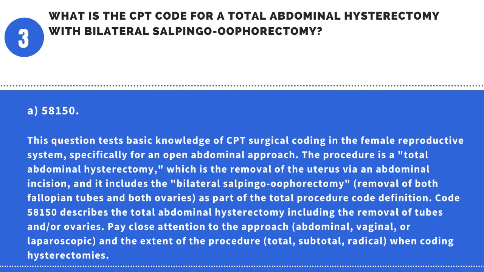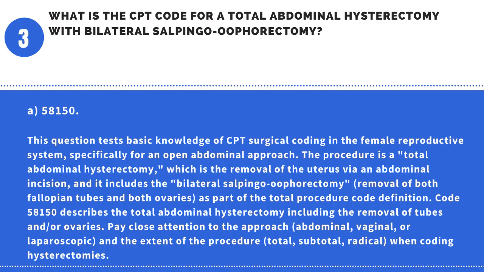58150. This question tests basic knowledge of CPT surgical coding in the female reproductive system, specifically for an open abdominal approach. The procedure is a total abdominal hysterectomy, which is the removal of the uterus via an abdominal incision, and it includes the bilateral salpingo-oophorectomy, removal of both fallopian tubes and both ovaries as part of the total procedure code definition.